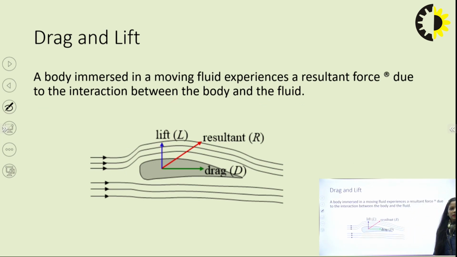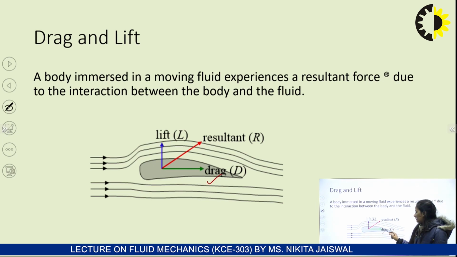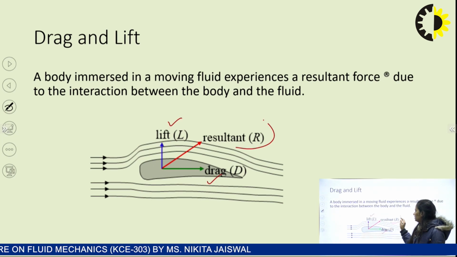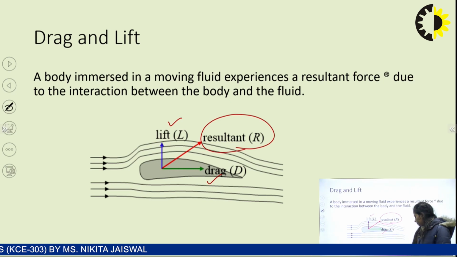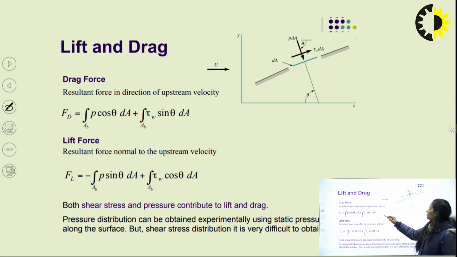Now again, when a body is immersed in a moving fluid, it experiences a resultant force, as we have talked about already. This resultant force is due to the interaction between the body and the fluid. It is simple: drag in the x direction, lift in the y direction, and the resultant is R. Here you can see the formula written for FD and the formula for FL.